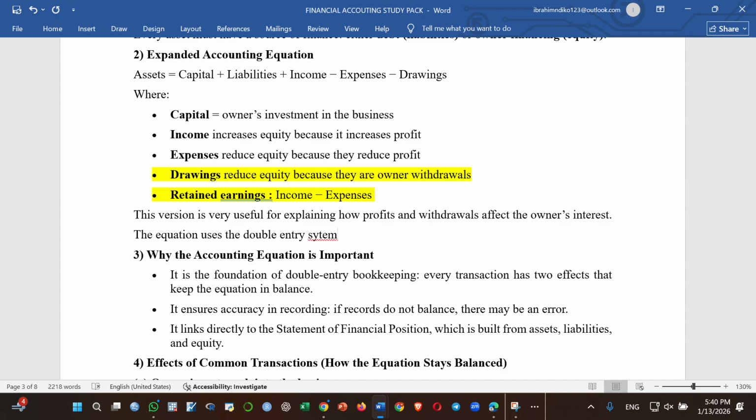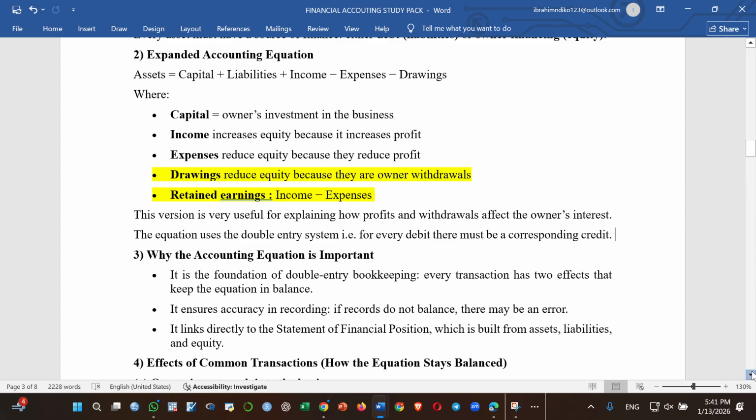The double entry system rule, i.e. for every debit there must be a corresponding credit. That is correct. Now we shall talk about these items later. For now, we just state them, so you understand by stating them.